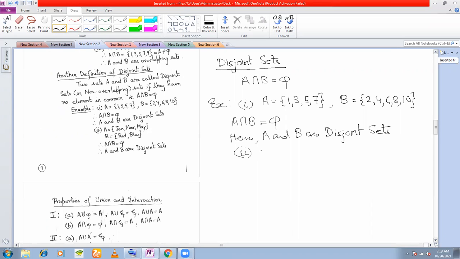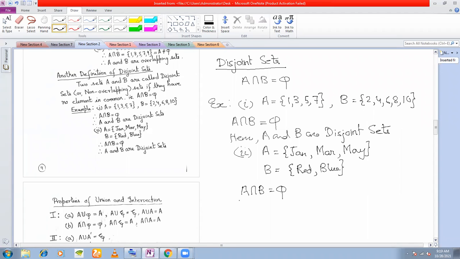Let's see another example. A is equal to, say, Jan, March, and May. Say the set B is equal to red, blue. Find out A intersection B. You see, nothing is common between the two.